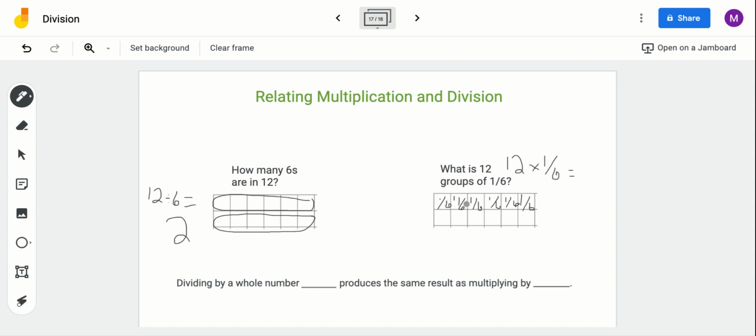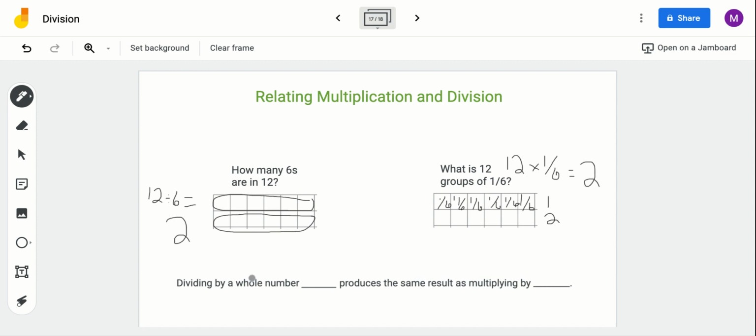So 1/6 plus 1/6 plus 1/6 plus 1/6 plus 1/6 plus 1/6 equals 1 whole. And then I have 6 more 1/6s, that equals another whole. So that equals 1, 2.